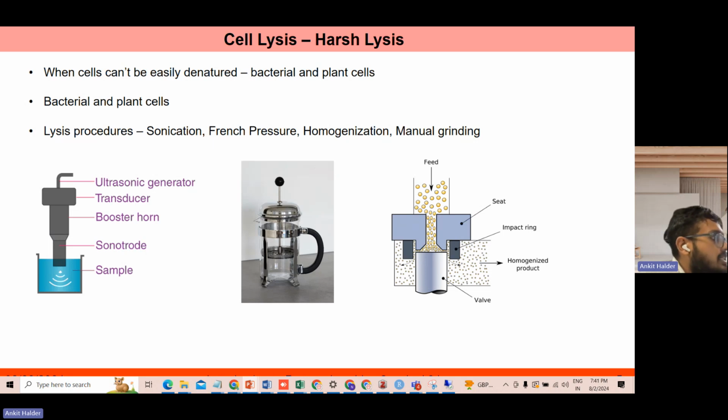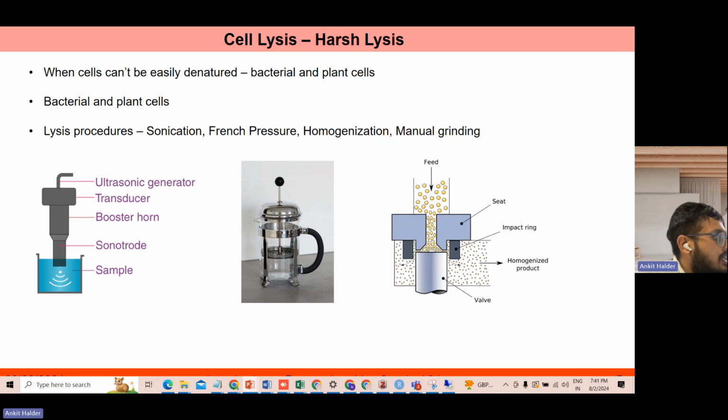But many times the problem comes that the cells of different organisms can't be easily denatured, and we need to apply some sort of force on the cell walls so that they get lysed and the contents come out. Bacterial and plant cells are not easily denatured.